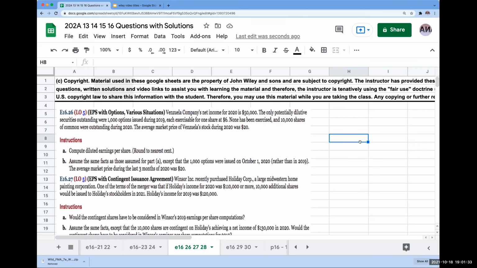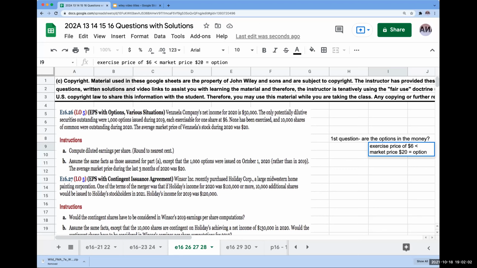Okay, so the way that I'm going to show you how to go through and do these is that the first question is, are the options in the money? And what do we mean by that? It means that the exercise price of $6 is less than the market price of 20.